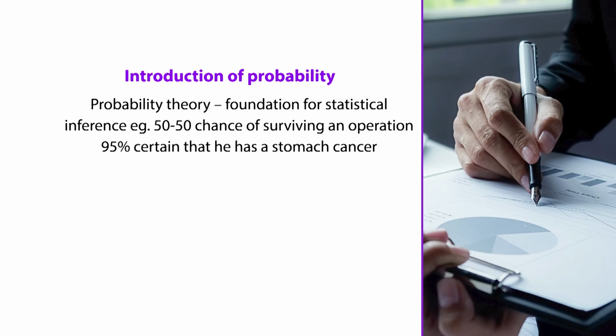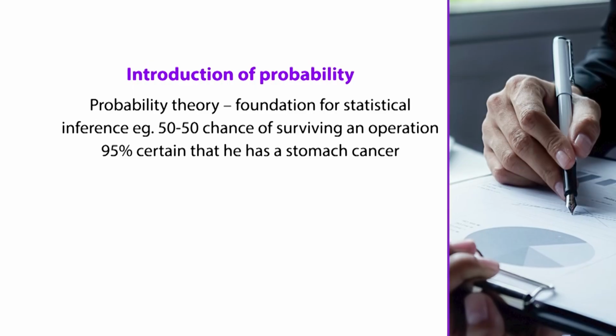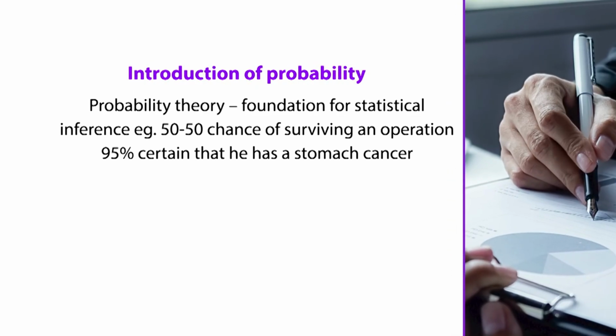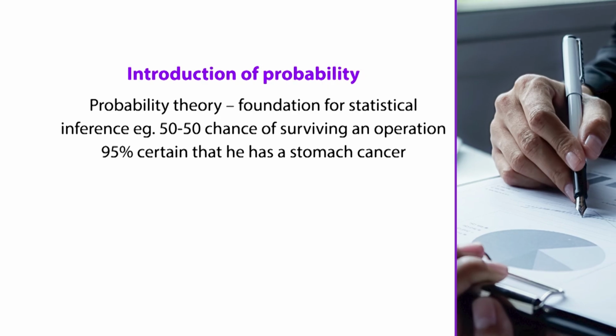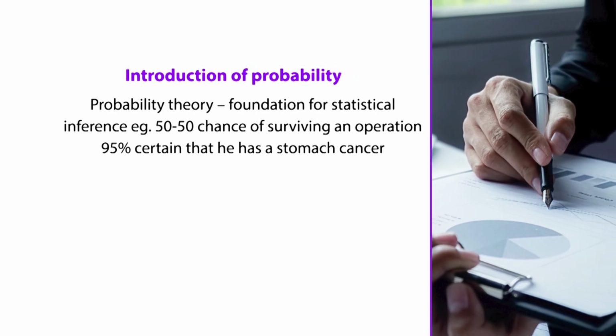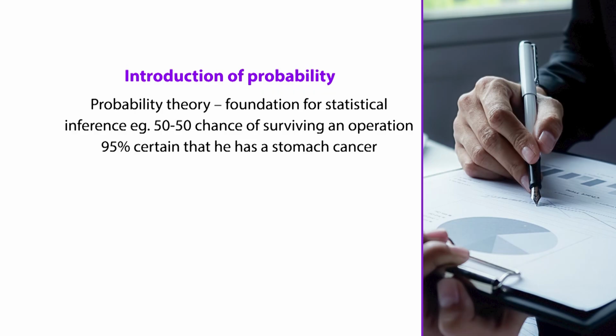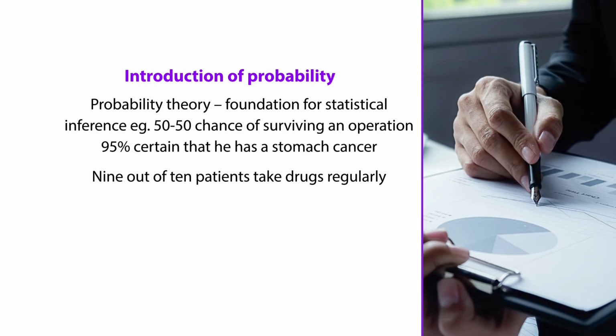Probability theory is the foundation for statistical inference. Take examples like a 50-50 chance of surviving an operation, or 95% certain that he or she has stomach cancer, or 9 out of 10 patients take the drug regularly.